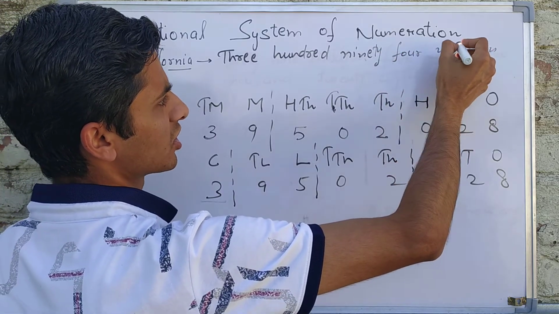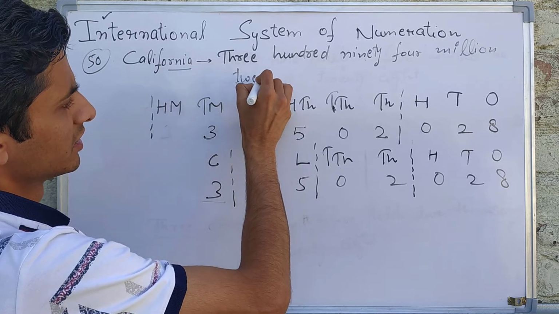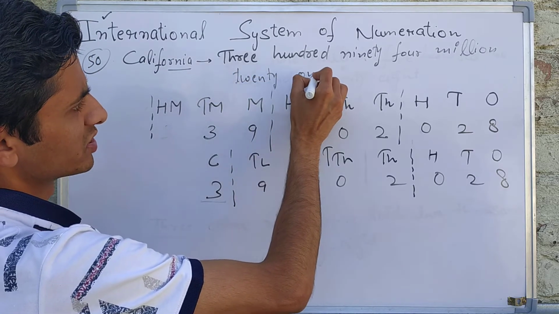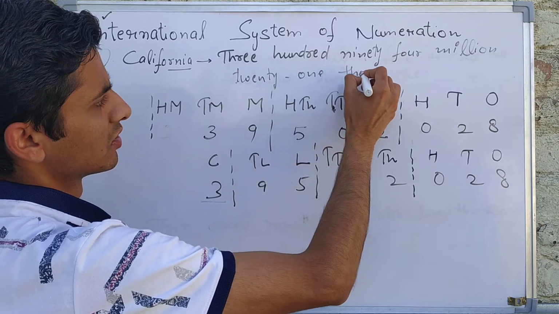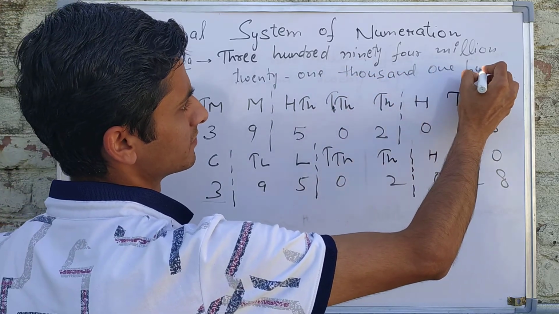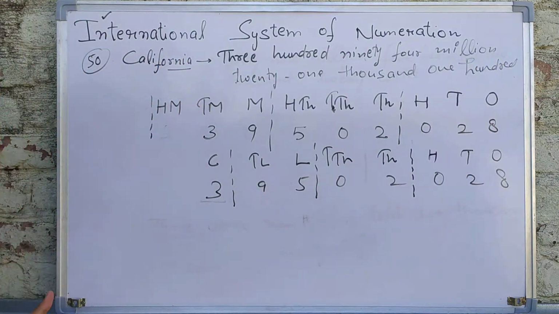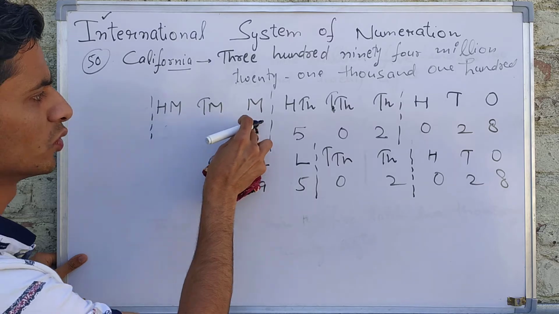And to make it a little complex for us, let us make it 21,100. Okay, suppose this is the number, the population of USA.